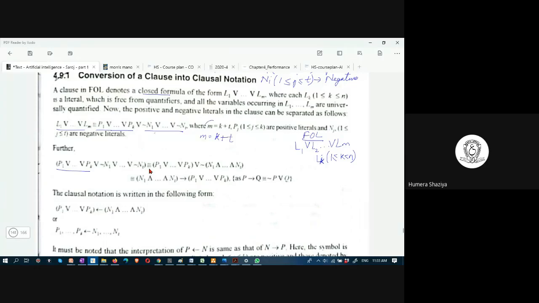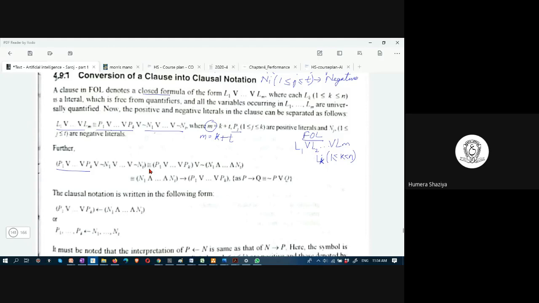What is m? We have k plus t, where k are positive literals and t are negative literals. M is the total number of literals. There are positive literals P, negative literals N, and together we get the literals.